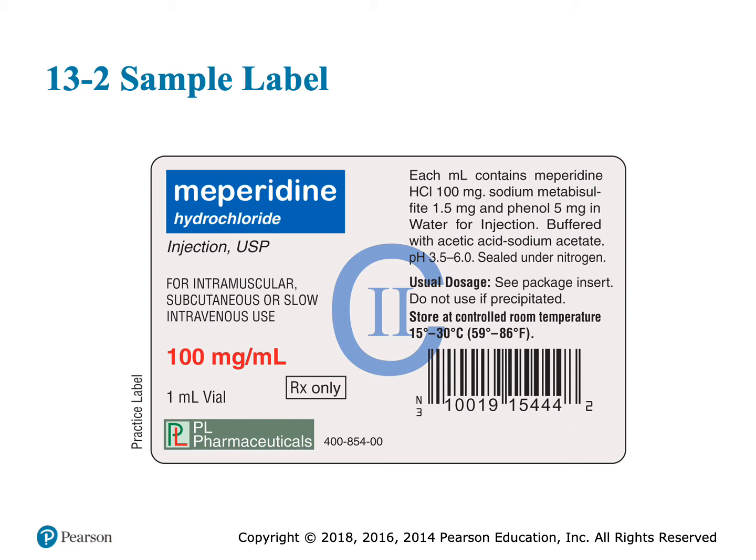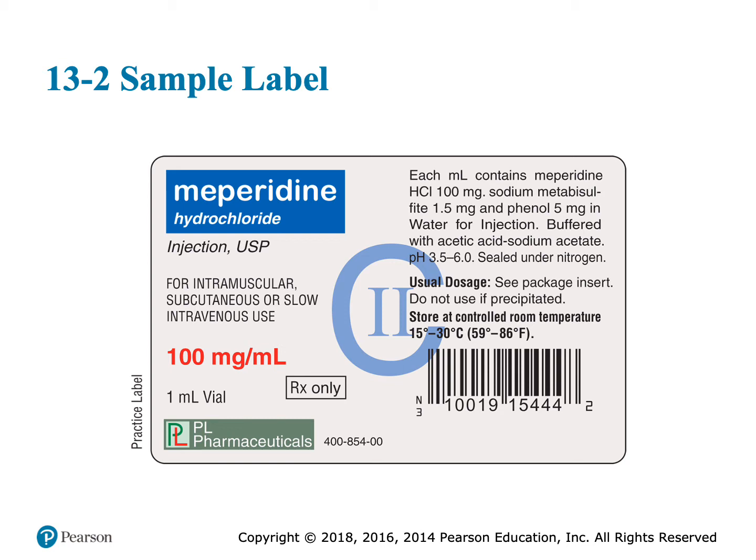What about the name of the medication? Is that generic or trade name? Also, look for the drug form, right? The drug form, it says injection, right? And then there's a little note below it that says for intramuscular, subcutaneous, or slow intravenous use.